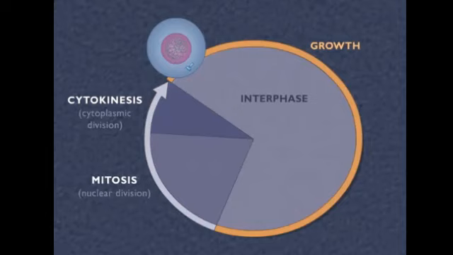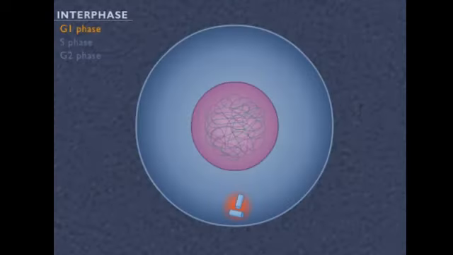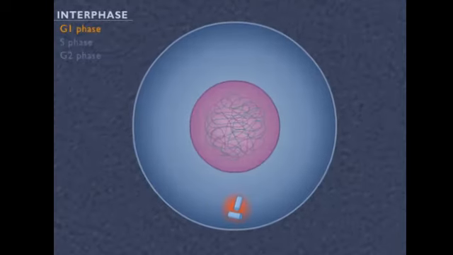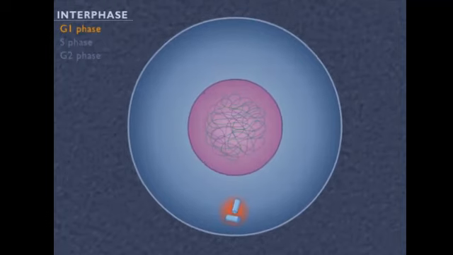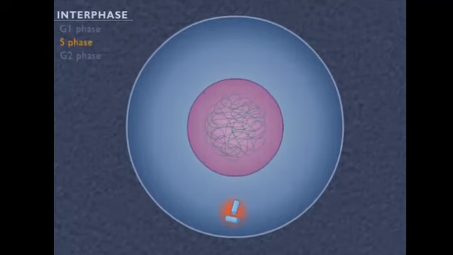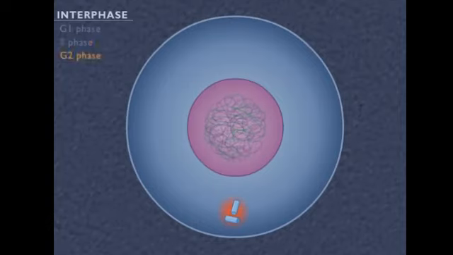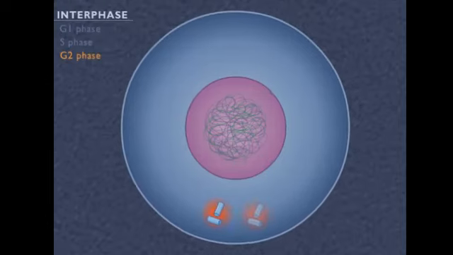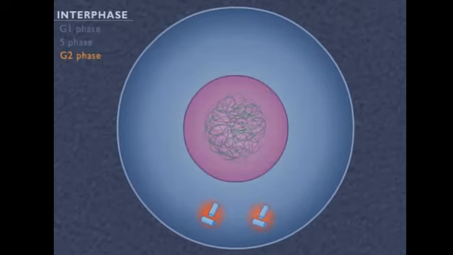Interphase can be further broken down into three discrete phases called G1, S, and G2. During the G1 or first growth phase, normal cell functions occur as well as cell growth. In the S phase, DNA replicates, producing 2 copies of each chromosome. During the G2 phase, the cell continues to prepare for mitosis and cell division.